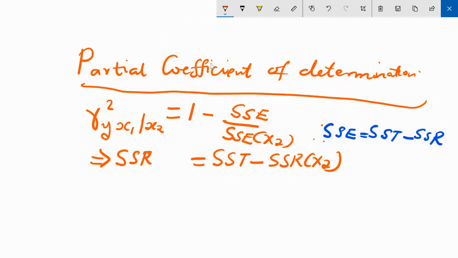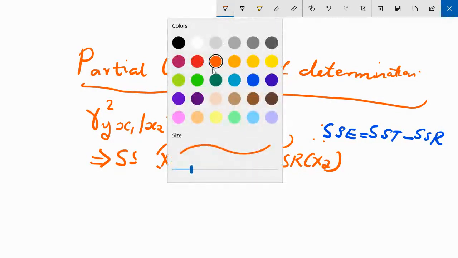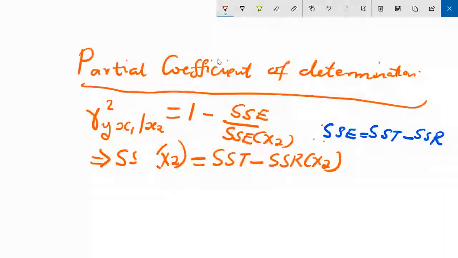Anyone who's having an idea? Oh, I removed the right information and left the wrong one. Sorry for that. I wanted to remove this part. So SSE of X2 is given by SST minus SSR of X2.